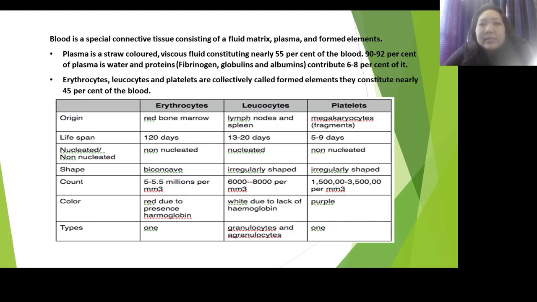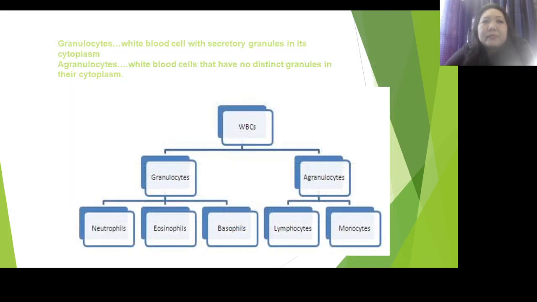RBC and platelets are each one type, but leukocytes can be divided into granulocytes and agranulocytes. Granulocytes are white blood cells with secretory granules in their cytoplasm.